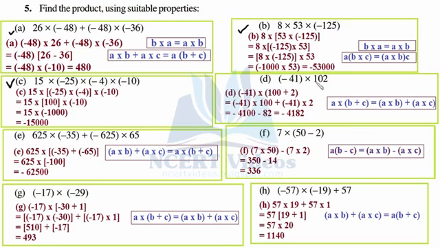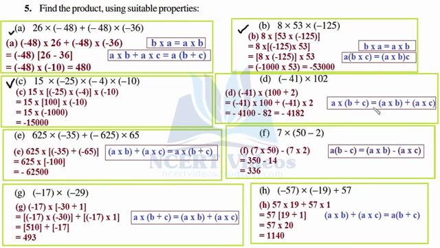Now here when we look at the terms, it is not easily multiplied. So we use our brain and split 102 into 100 plus 2 because we will multiply it in pairs. So this is distributive law over multiplication. Now you multiply minus 41 with 100 first, and then you multiply minus 41 with 2, and then you add it.